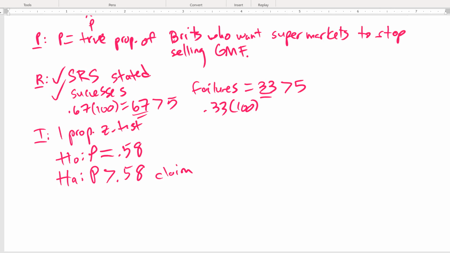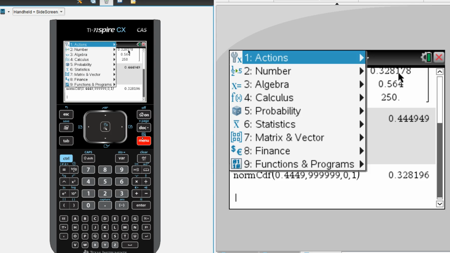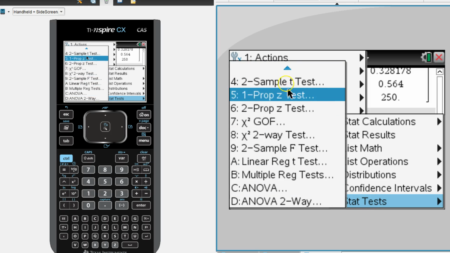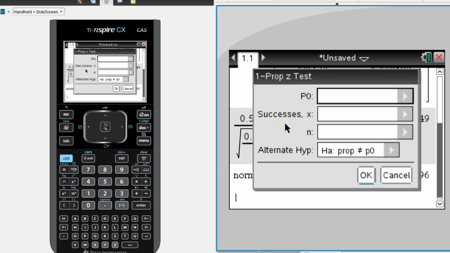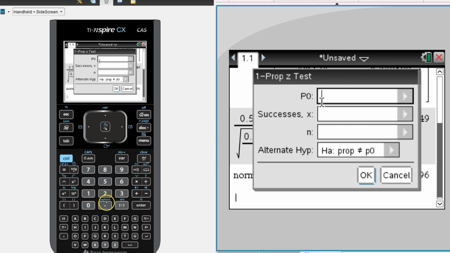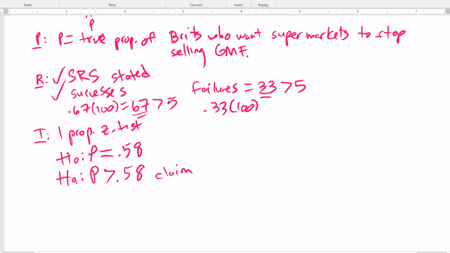I think we're ready to run this test. The actual running of the test is pretty easy. Stats, tests, 1 prop Z test. What was our claim? 58%. How many successes did we see? 67 out of 100.